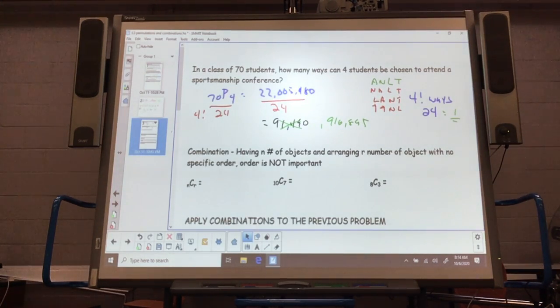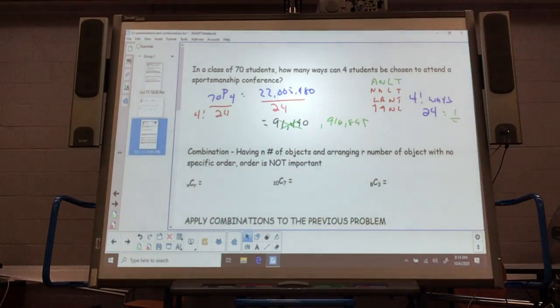In combinations, order is not important. The first person chosen gets the same as the third person chosen. The fourth gets the same as the second.